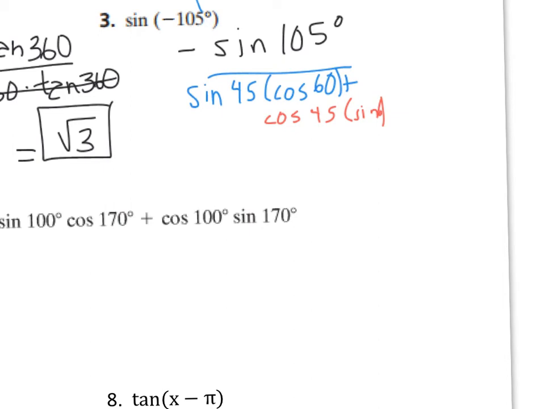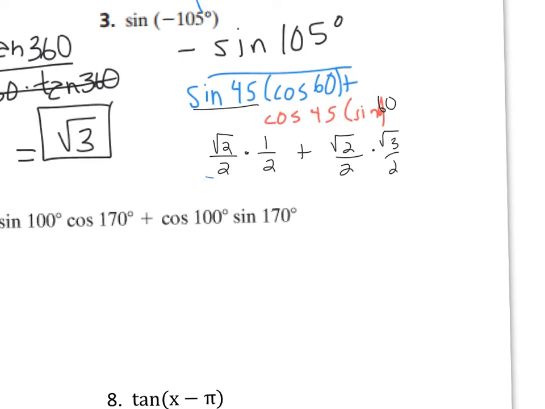Okay, kind of messy, but the sine of 45 is root 2 over 2. The cosine of 60 is 1/2. Plus, the cosine of 45 is root 2 over 2, times, this is 60, the sine of 60 is root 3 over 2.